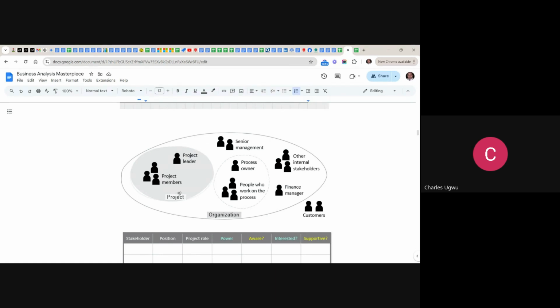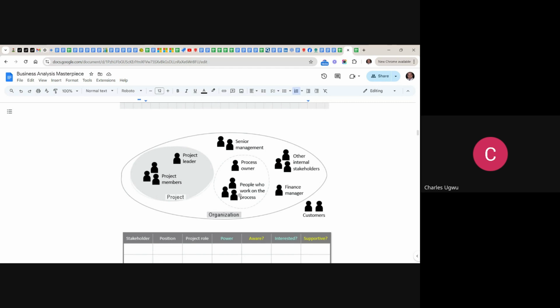This is the project. We have the people working within the project, the team lead and the team members. We have people within the organization that these projects are very key to them. We have senior managers. Then we have process owners. This is a unit within the organization.